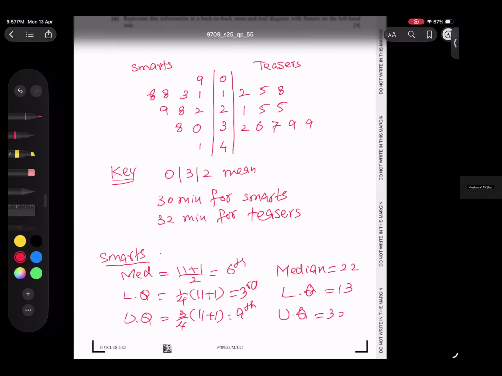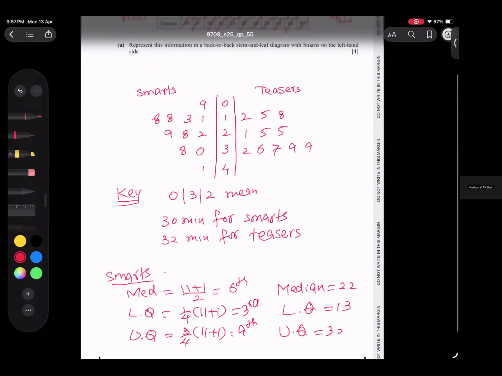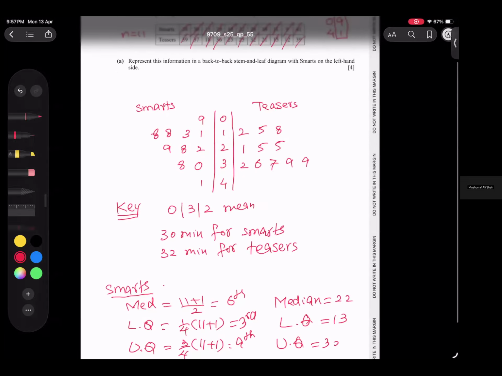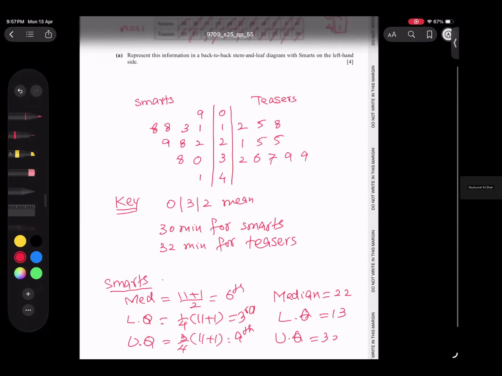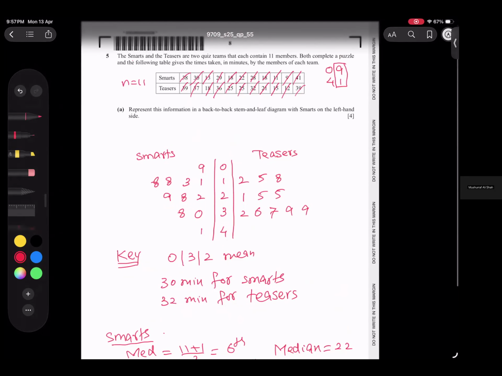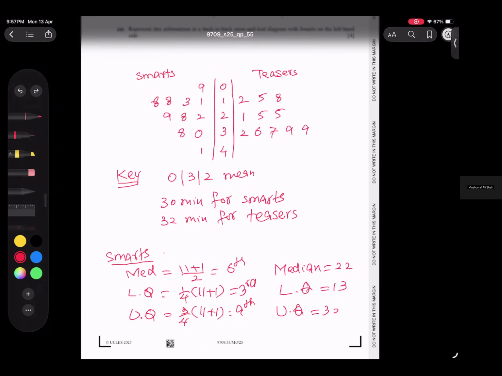Okay, and at the same time I'm looking for the least value and largest value, and that is very clear, but still I'm writing, and I can shift these values. At the same time I'm writing the least for the Smarts is 9, and the largest value is 41. I'm writing largest.